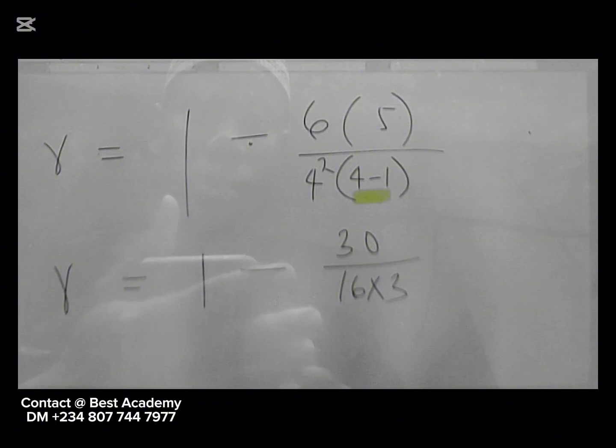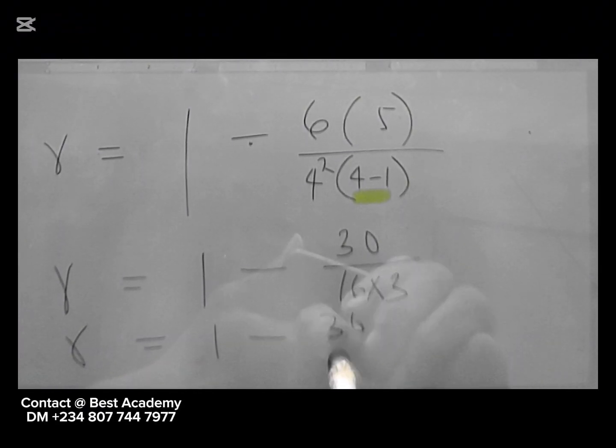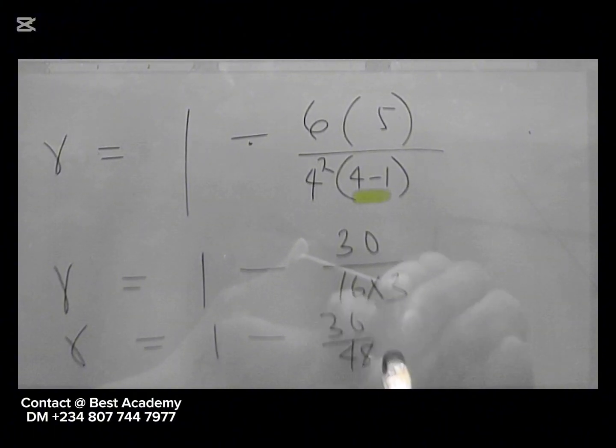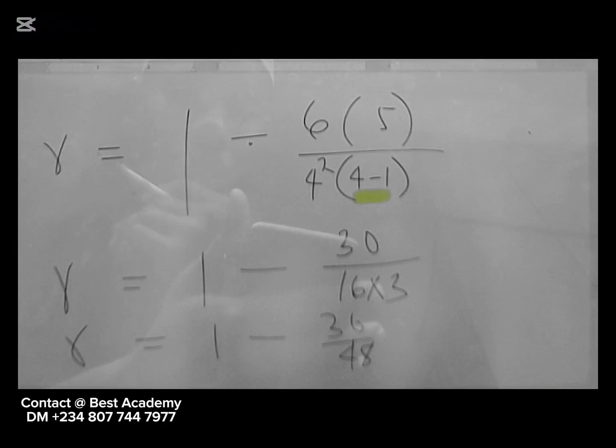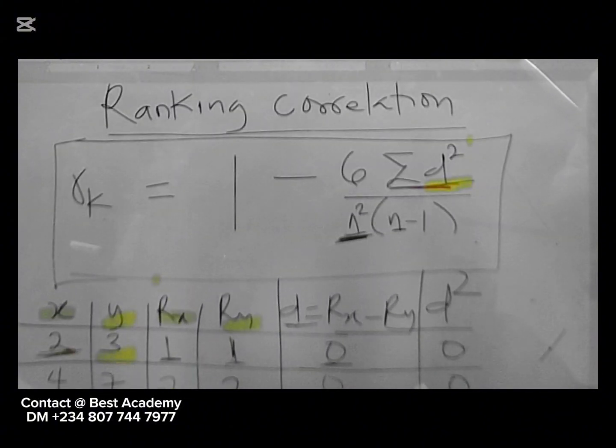All right, so R will be equal to 1 minus 30 over 48. Now let's get 30 divided by 48. I hope we did not make a mistake.